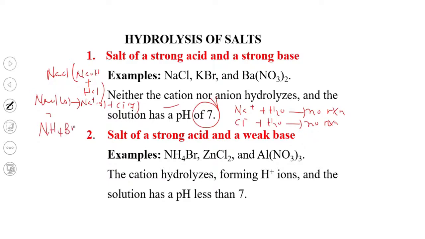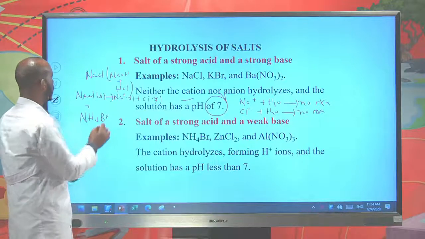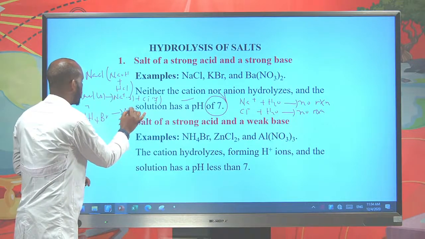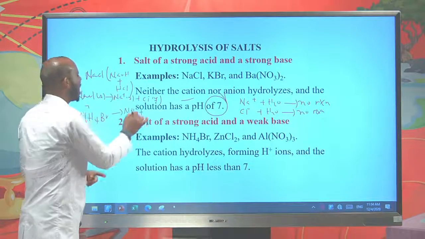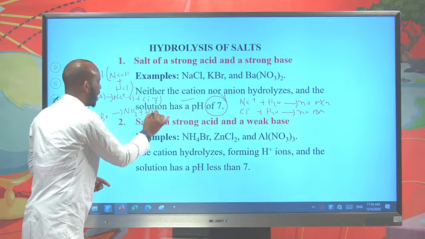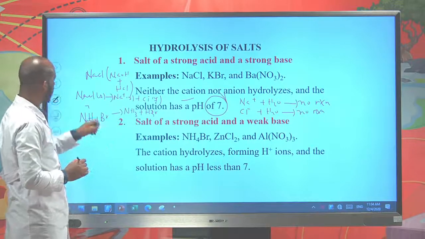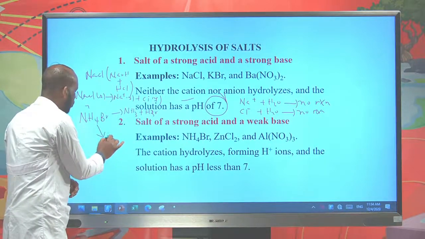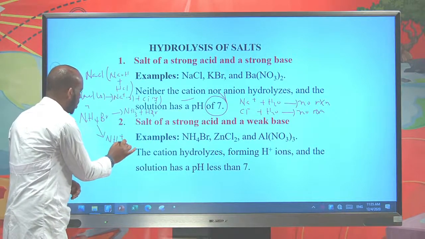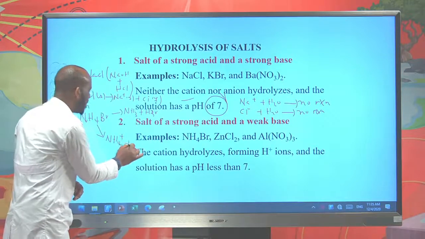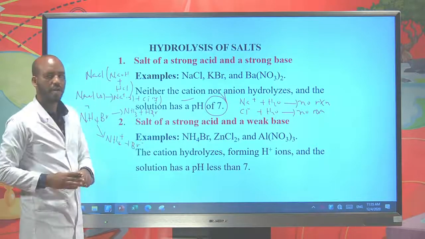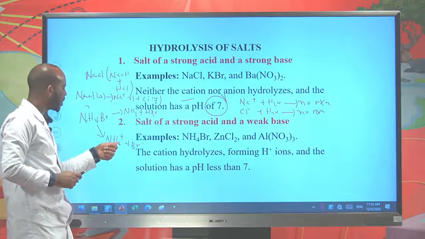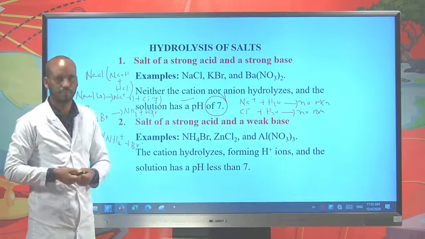This is a salt derived from the weak base ammonia and the strong acid hydrobromic acid, HBr. If this salt dissolves in water, it dissociates into NH4 plus and Br minus.